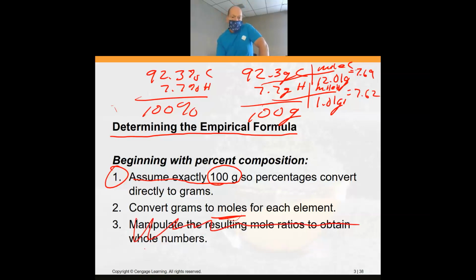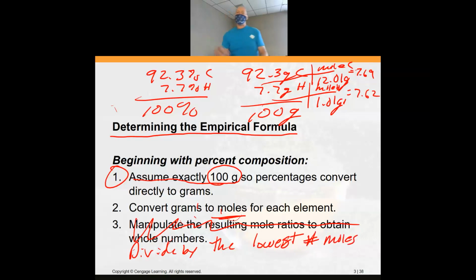So then, number 3 is you divide by the lower number of moles. If you have more than one, divide by the lowest number of moles. If you have just two things, the smaller number here is 7.62.